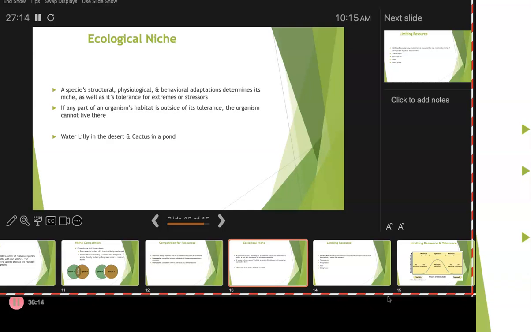Oh, adapt. Suck it up. You'll be fine. That isn't what we mean here. It really sort of means able to live in this. These are characteristics that already exist that allow you to exist in a space.